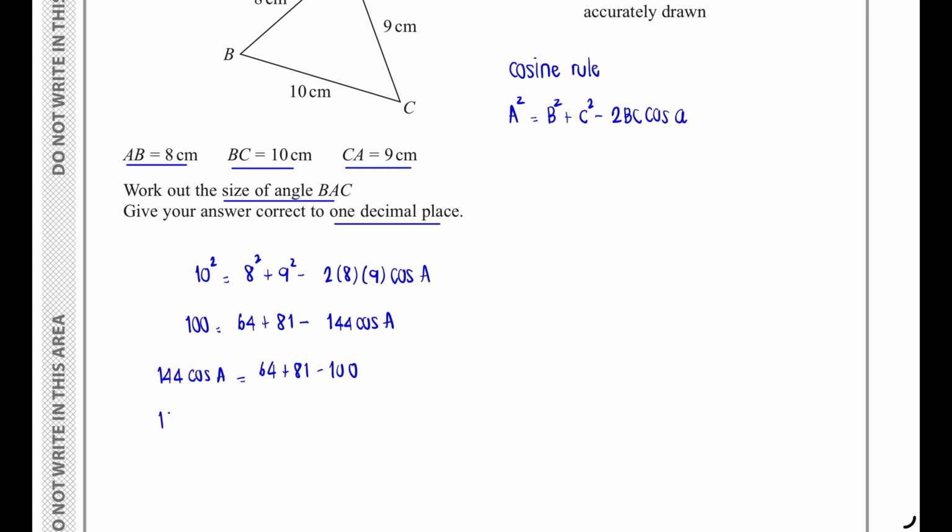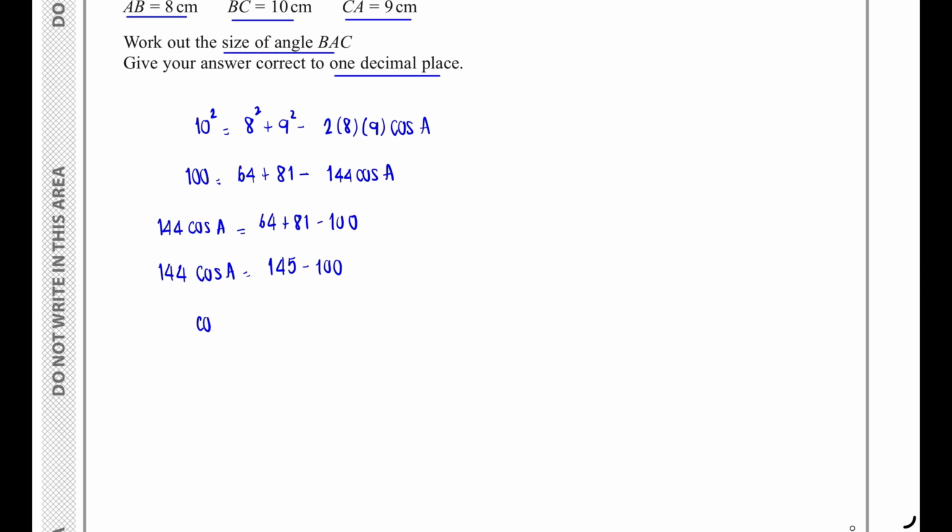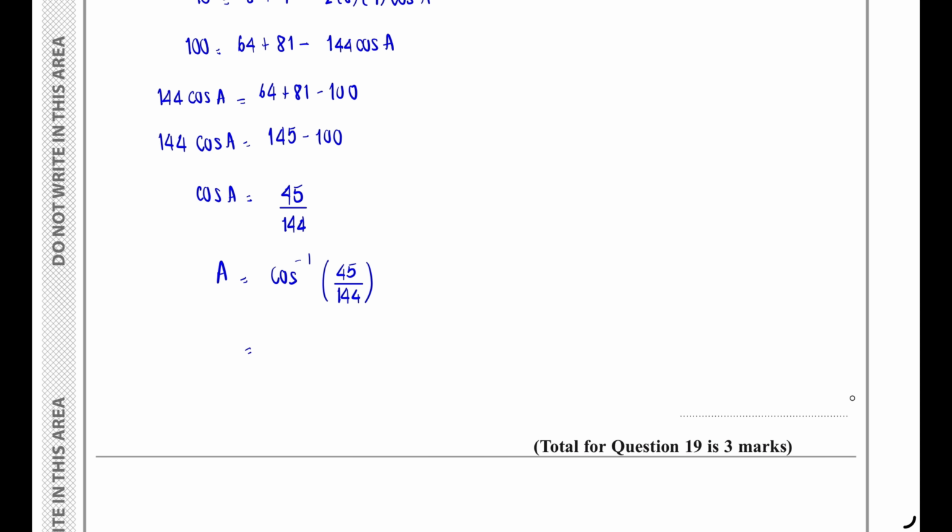So we will have 144 cos A equal to 145 minus 100, so cos A equal to 45 over 144. So therefore A equal to arc cos of 45 over 144, which is equal to 71.8 degrees.